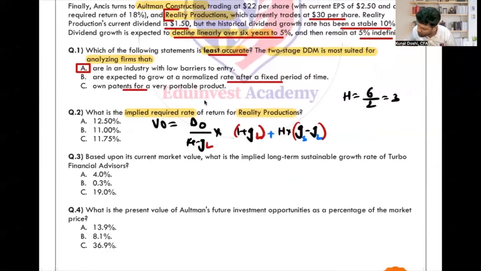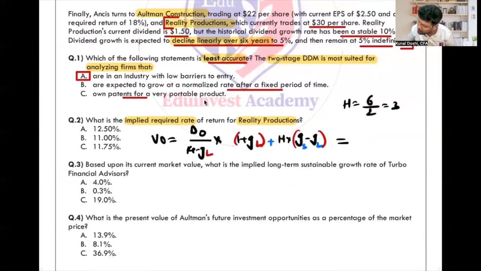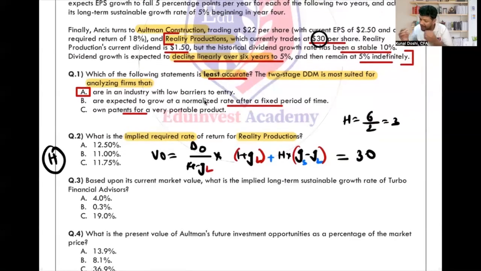Now, we are looking for implied KE, which means we have to make sure that all of this translates into the price, which is what they've given to me. This becomes $30, so all of this should be equal to 30. Correct. First of all, we will use the H model. Let me put up the valuation here.